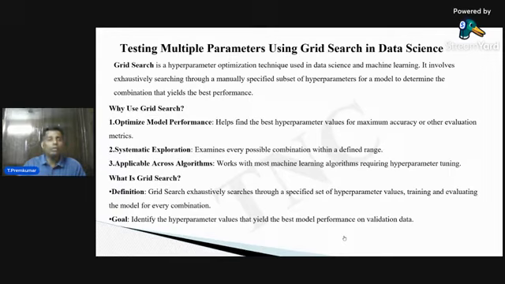The next one: what is grid search? It exhaustively searches through a specified set of hyperparameter values, training and evaluating the model for every combination. The goal of grid search is to identify the hyperparameter values that yield the best model performance on the validation data.